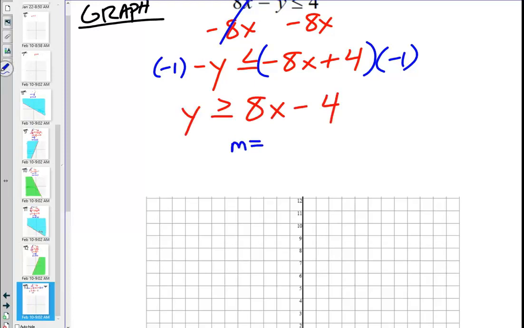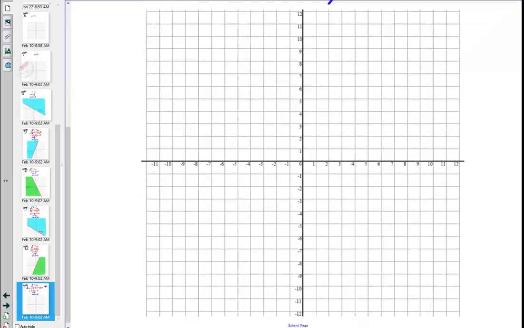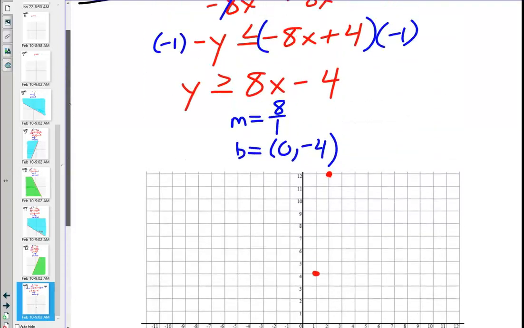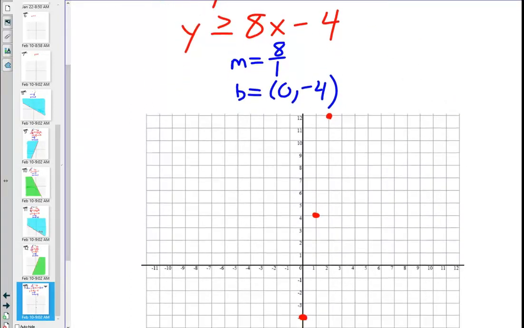4 out of every 5 Hirams agree that the slope is 8/1. Y-intercept is 0, negative 4. So I'll start off 4 below the origin, go up 8, right 1. I can do that twice if I want, or I can go down 8 and left 1. Is it going to be a solid boundary or broken boundary?